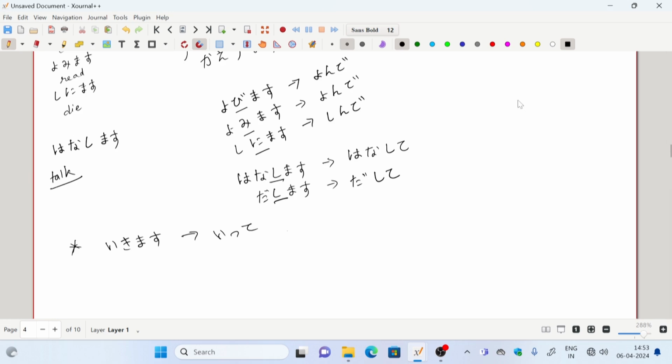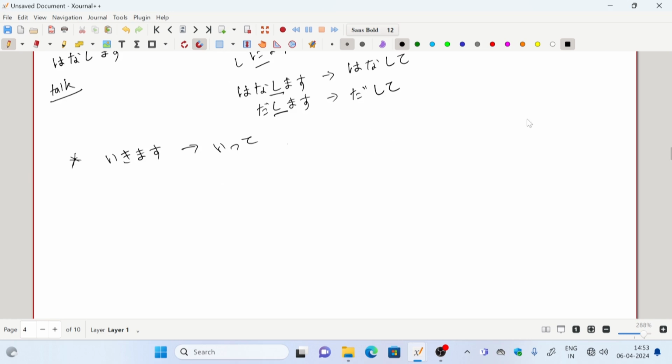Now let's use te form of first group plus imas as present continuous form. Te form plus imas also means that something is happening in a continuous way, some tendency being observed.